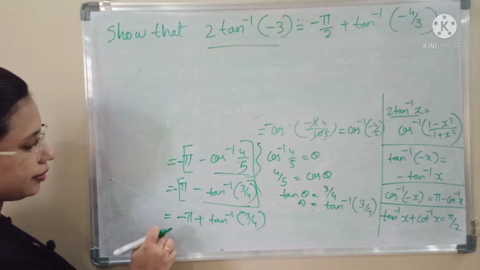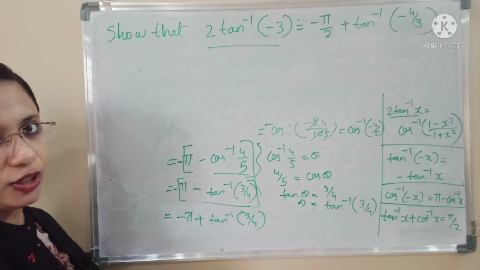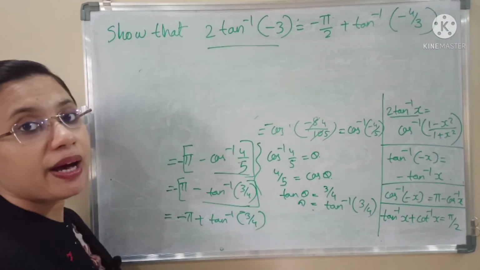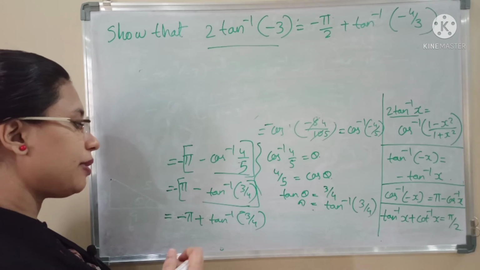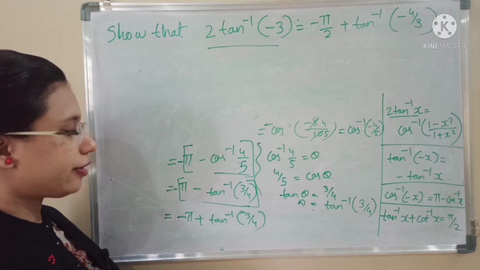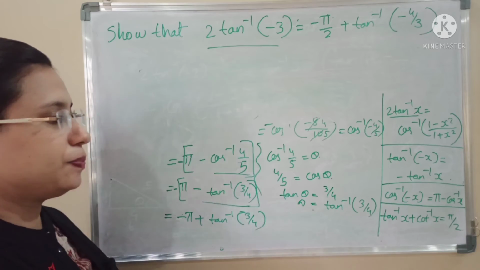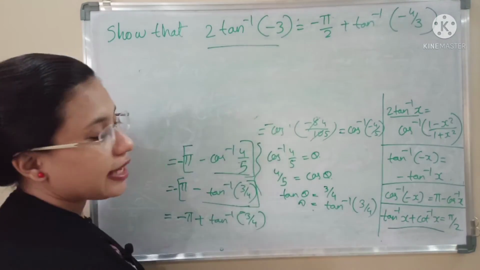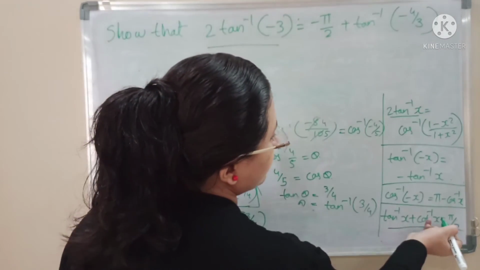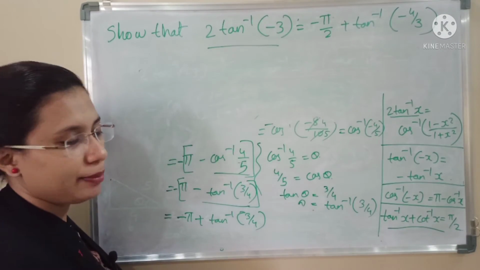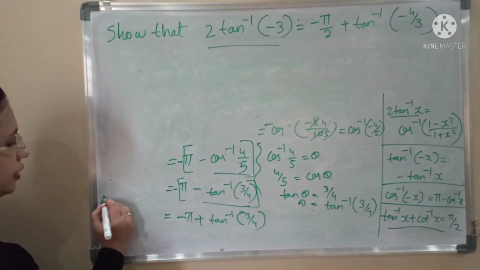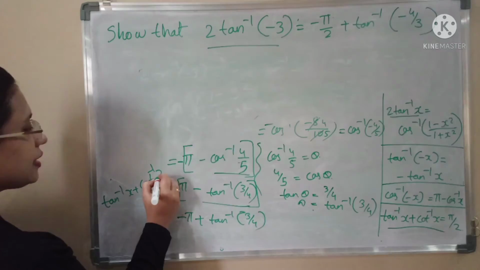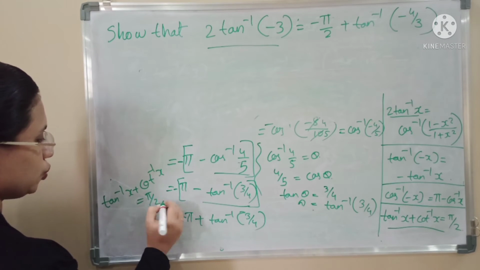Here it is pi value, but in the RHS part it is minus pi/2. So pi/2 needs to come from here. So how can we get it? For that we have a property: tan inverse x plus cot inverse x equals pi by 2.